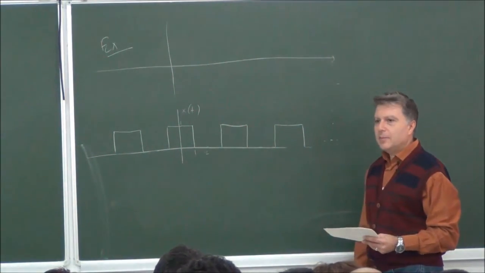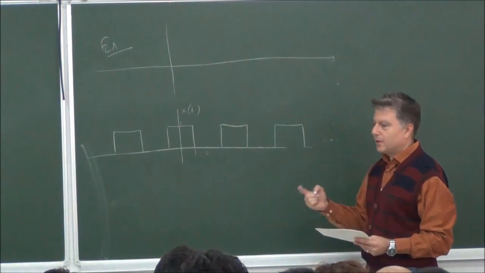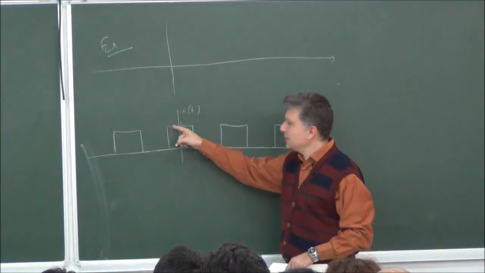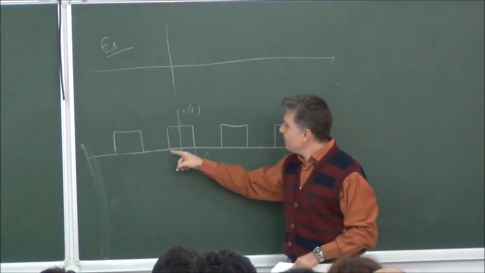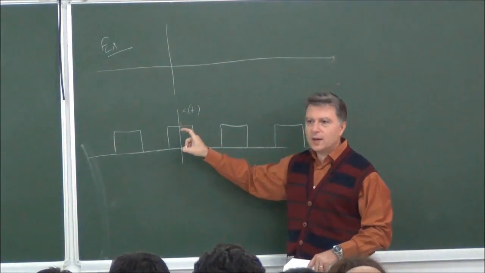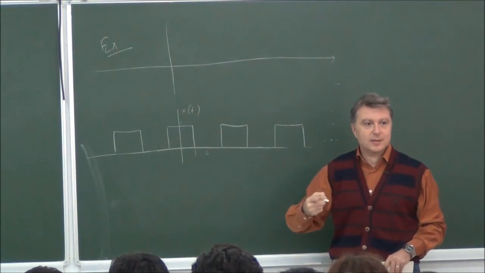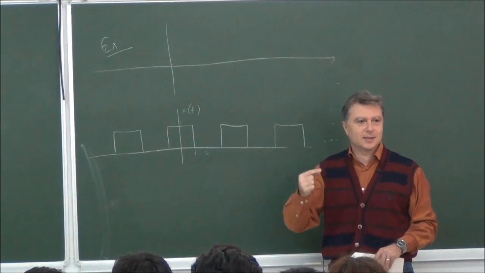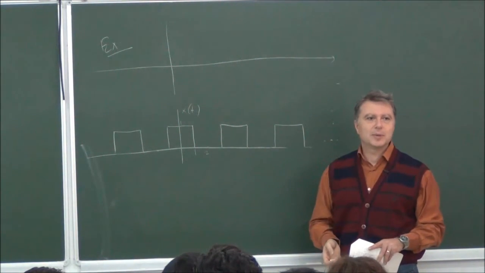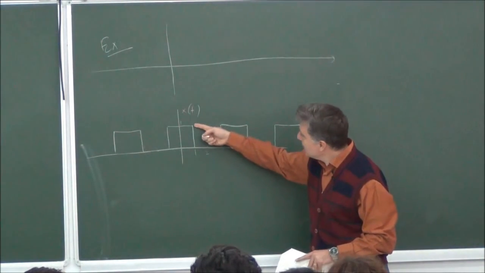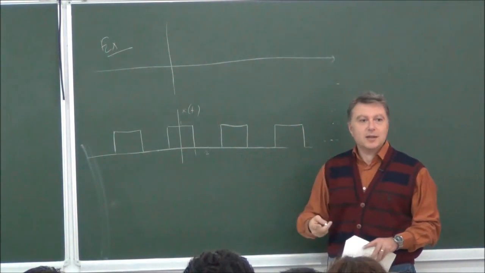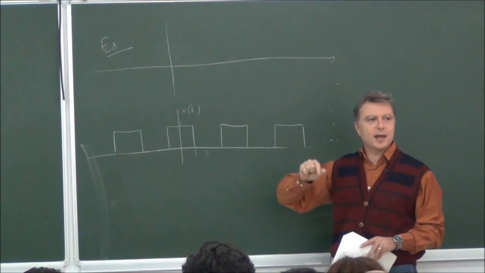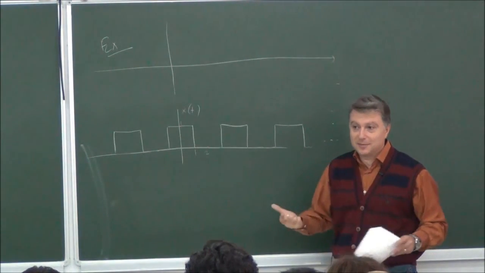The way to obtain an impulse as a derivative of a signal is the utilization of these step functions. When you take the derivative of a step function, you get an impulse. If the step height is equal to 1, the derivative corresponds to a unit impulse. If this height is 1 over 2, for example, then what you get is 1 over 2 times delta t, or the corresponding placement of an impulse. If it is negative like this, then what you get is a minus delta t if the magnitude is 1. If the magnitude is minus 1/2, then you will get minus 1 over 2 times delta t, for example.